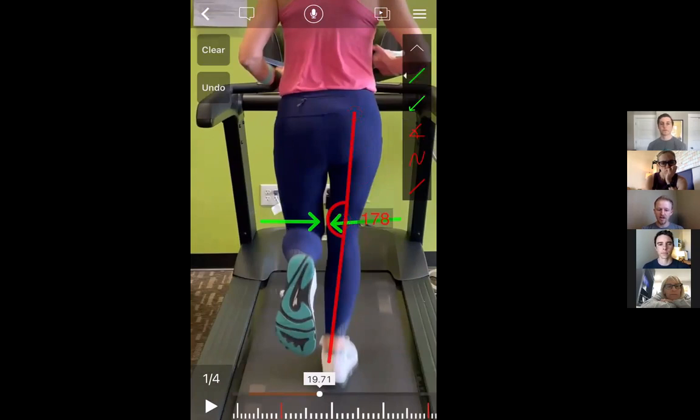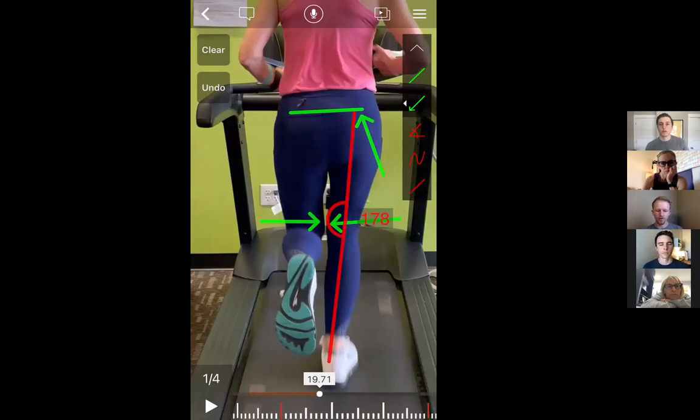Part of that is linked to her hip strength. She doesn't have very much of a hip drop, actually that's a little too much, pretty minimal hip drop there, meaning the hip muscles on this side are very strong. It's also linked to her being able to activate the right muscles at the right time in the gait cycle. So overall, that looked really good.